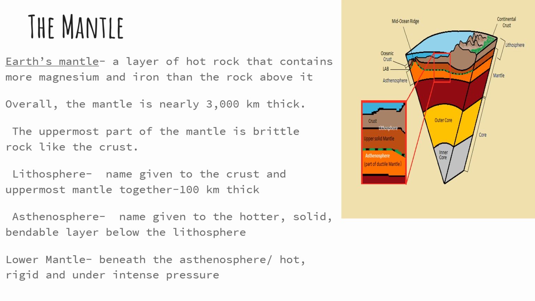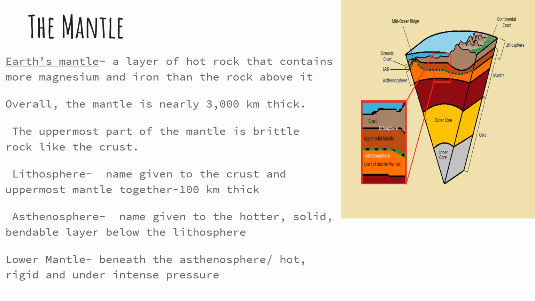The asthenosphere is the name given to the hotter, solid, bendable layer below the lithosphere, and then there's the lower mantle, which is beneath the asthenosphere, which is hot, rigid, and under intense pressure.